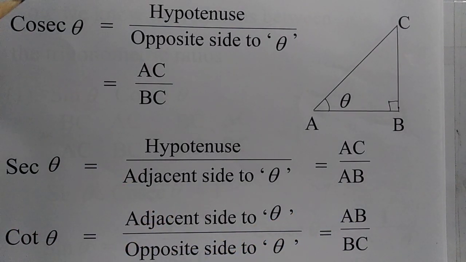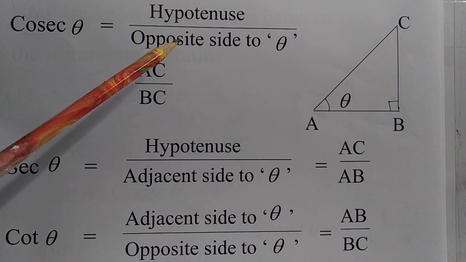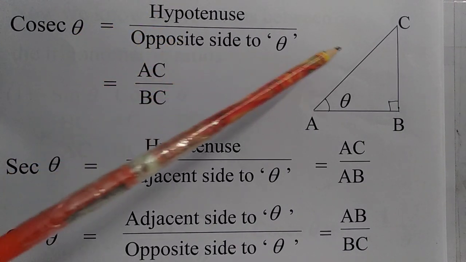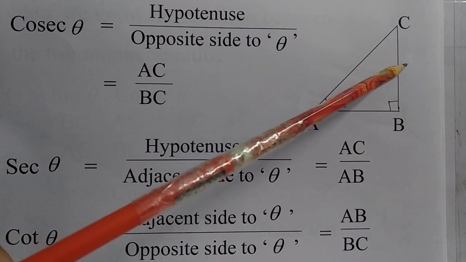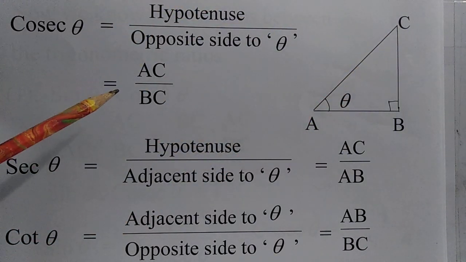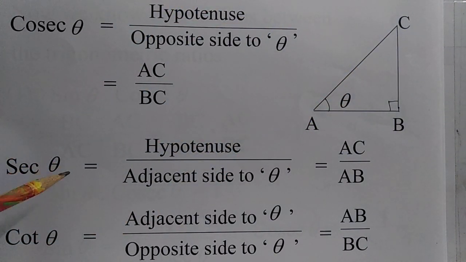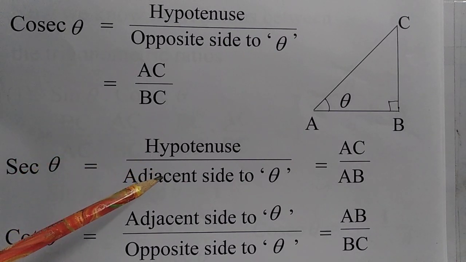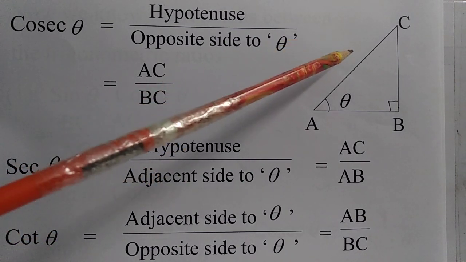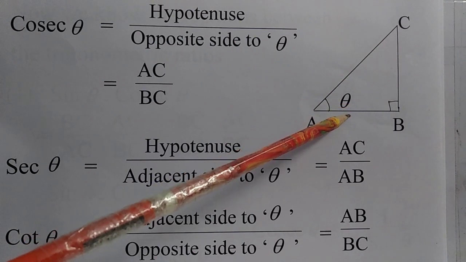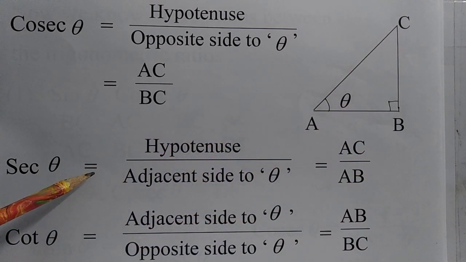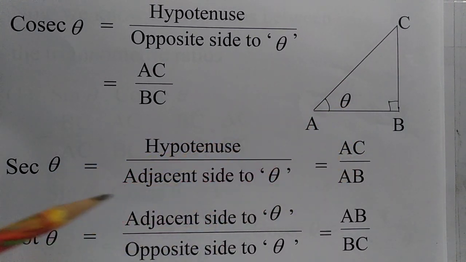Once again, cosecant theta equal to hypotenuse by opposite side to theta. Hypotenuse is AC and opposite side is BC, so AC by BC. Secant theta equal to hypotenuse by adjacent side to theta, AC by AB.